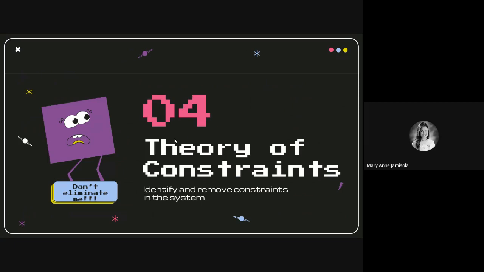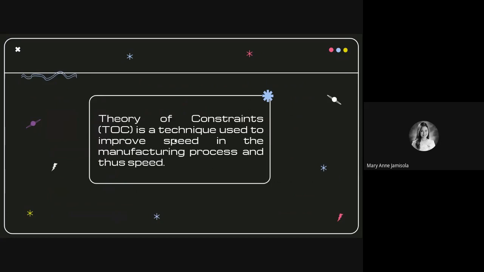Okay. So here we have to identify and remove constraints in the system. TOC, or theory of constraints, is a process of identifying and managing constraints in making of products or in the improving of services. It also describes methods to maximize operating income when faced with some bottleneck and some non-bottleneck operations.